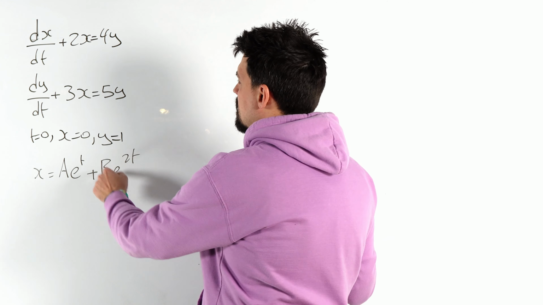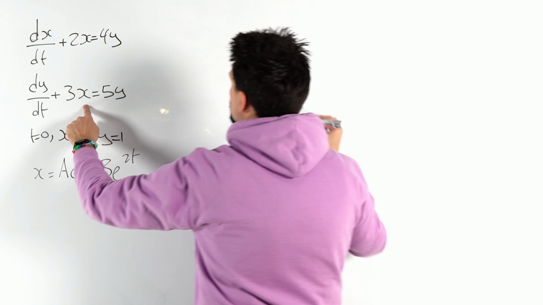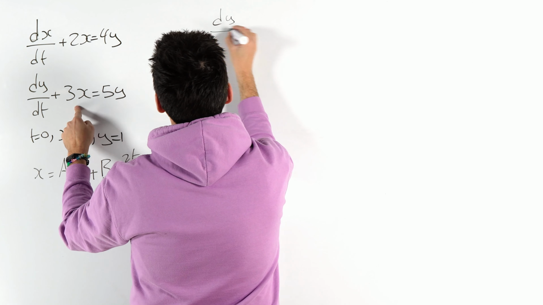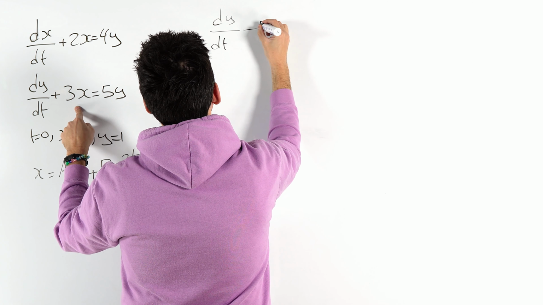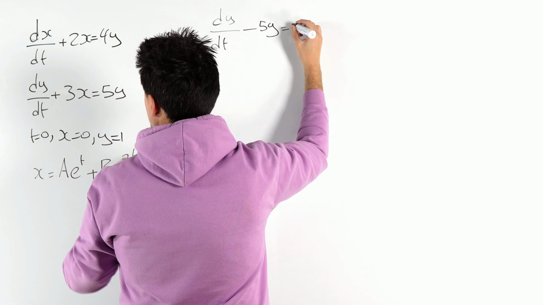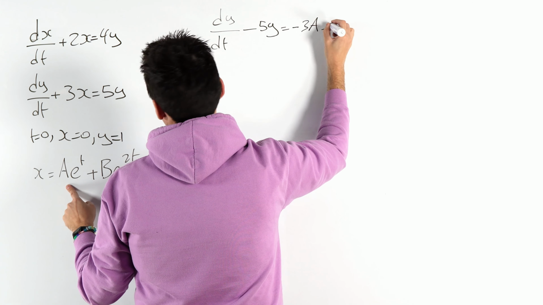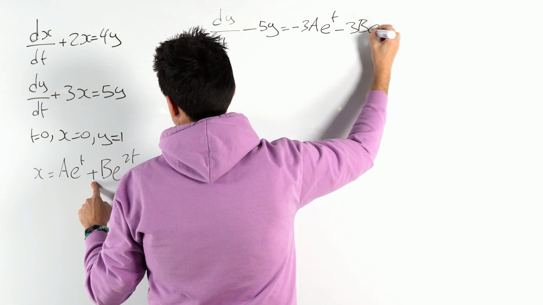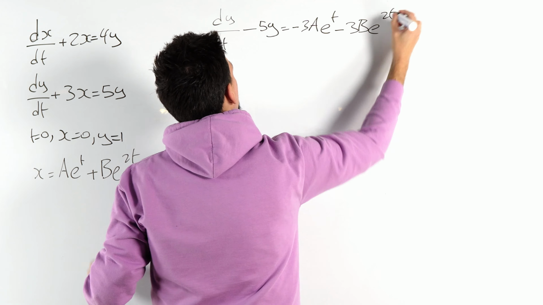Now, what this means is we can plug that into here. So if we rearrange the second equation, dy/dt minus 5y is equal to minus 3a e to the t minus 3b e to the 2t.